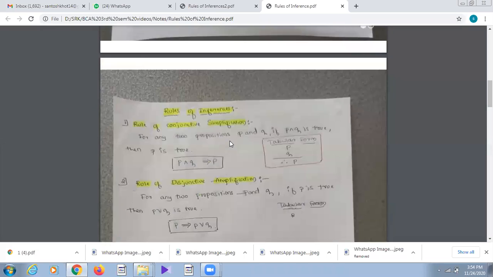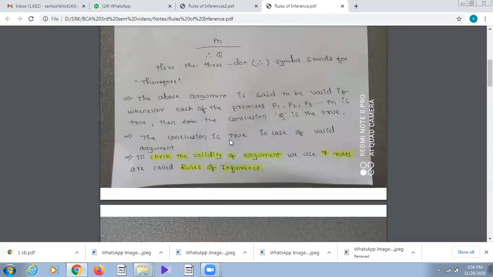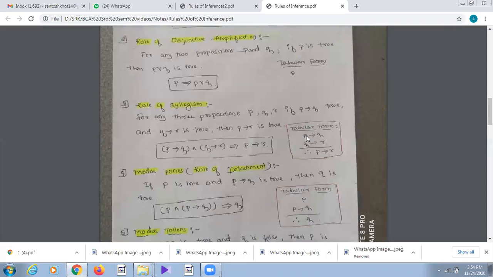These are the 7 very important rules, and they are in tabular form. Each row is a premise, and whatever is below the line is the conclusion. The whole tabular form is an argument.